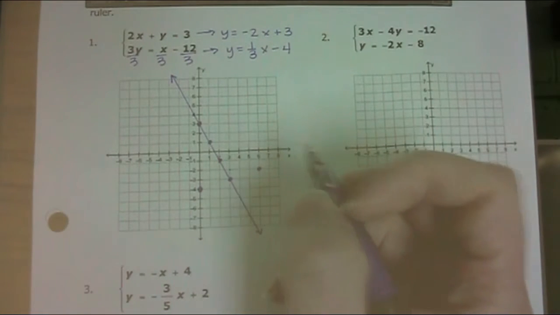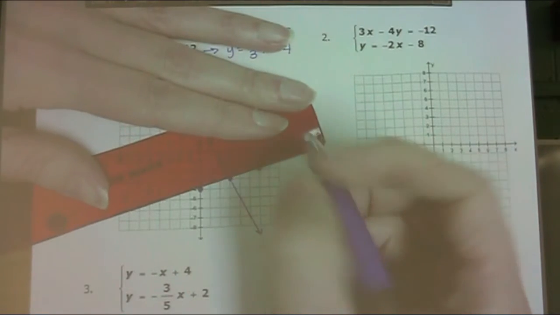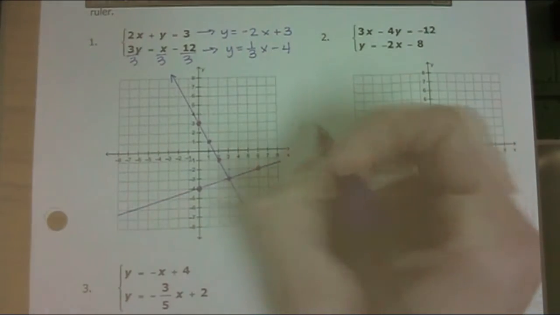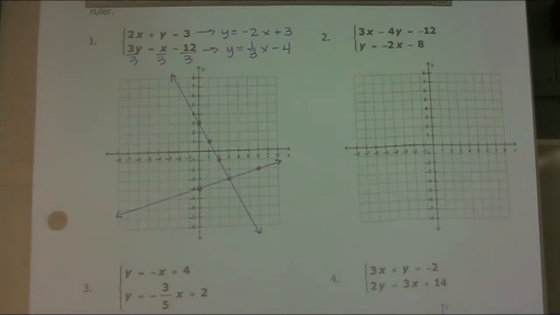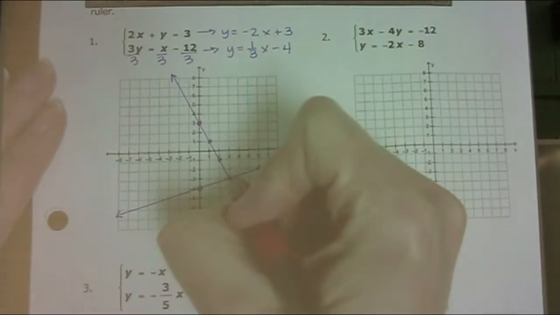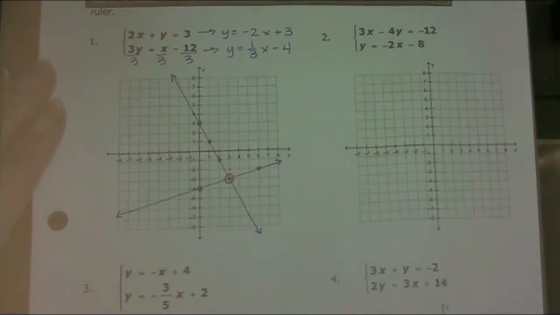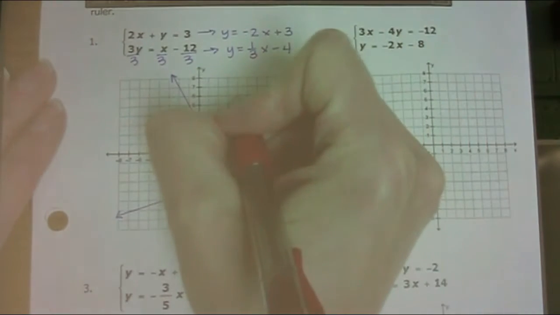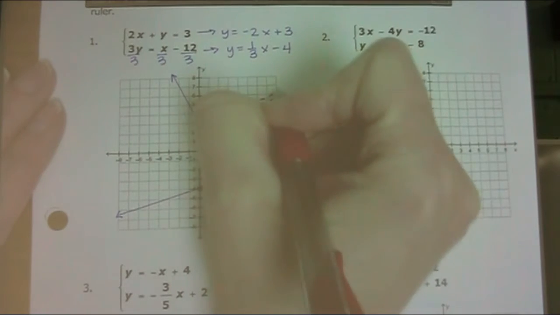All right, so now I can graph this particular line. And it's easy because I graphed very nicely here to see the point of intersection. Right here. And the point of intersection is (3, -3).